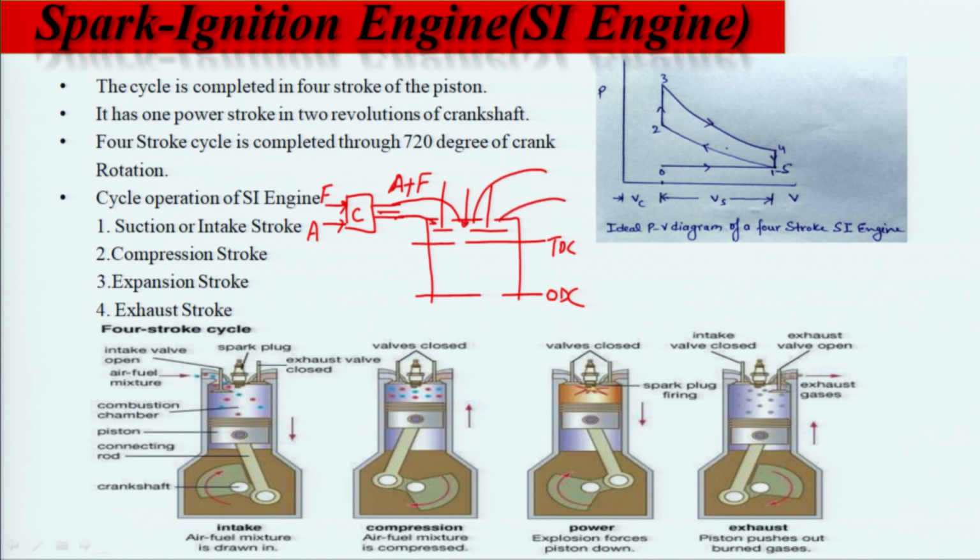This is the intake manifold, this is the exhaust manifold or exhaust passage for burnt gases, and this is the spark plug. So, it is a very simple construction of an SI engine. Fuel and air get mixed in the carburetor, and as per the load on the engine and its operating condition, we get that air-fuel mixture, which is called charge. So, here in the SI engine we get a premixed charge.